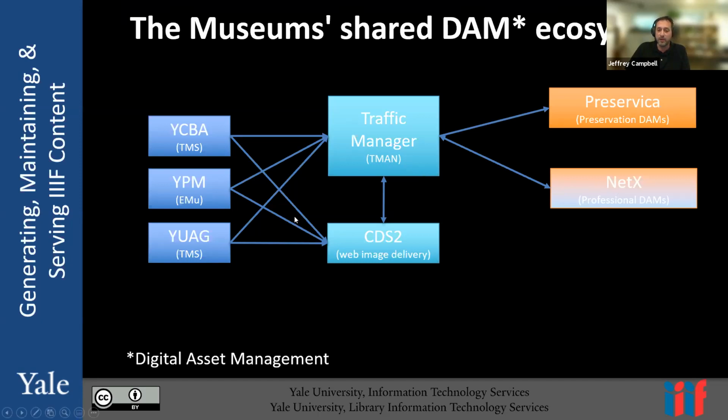The museums also publish data which goes into our content delivery service, or CDS2, because it's version 2 of this system. That leverages the data that's pushed along with metadata from TMAN to generate pyramidal TIFFs and IIIF manifests. The content delivery service provides the IIIF content that each of the museums use for their collections portal.